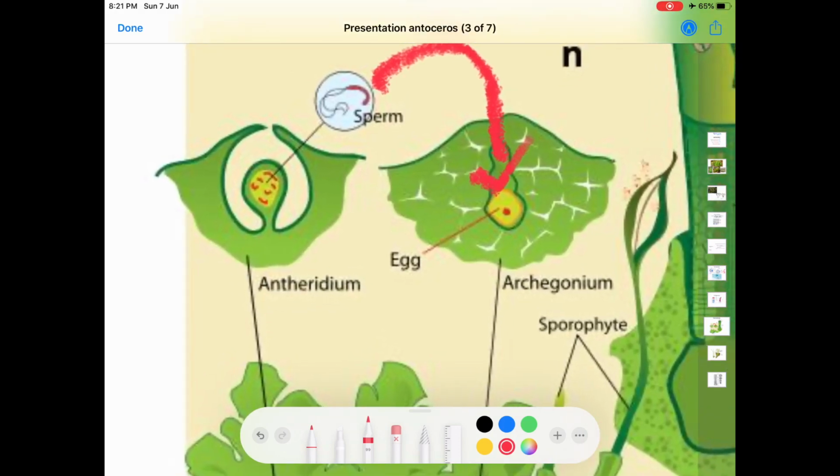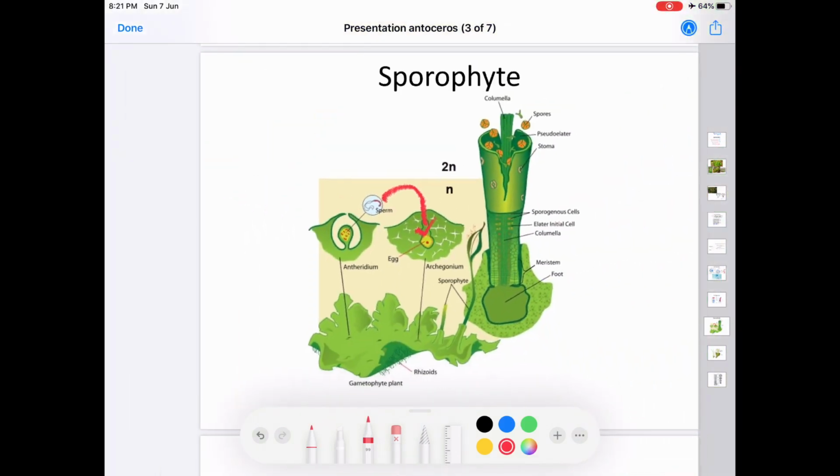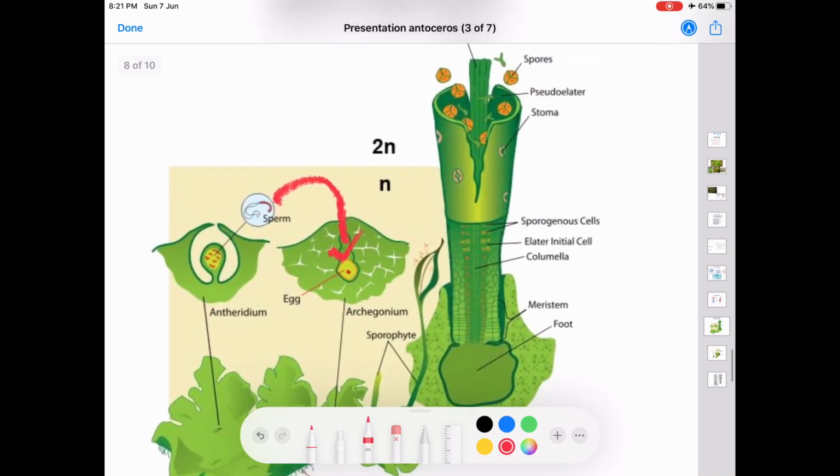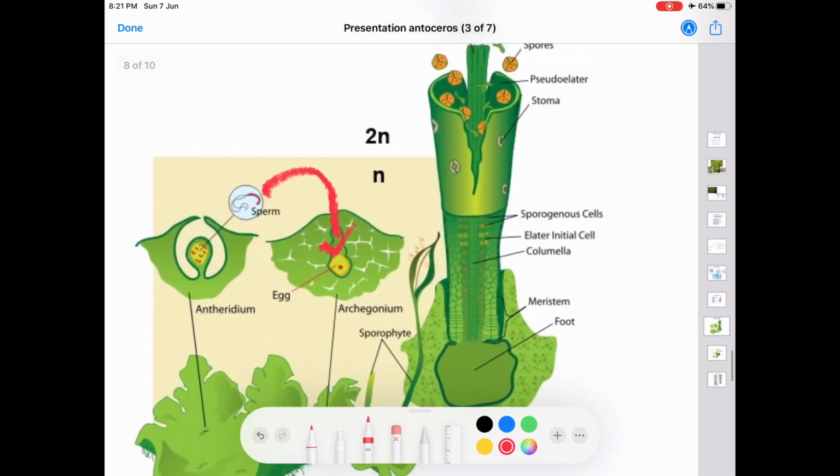By repeated segmentation, it develops into an elongated embryo. Later, by further cell division and cell differentiation, it rapidly grows into an elongated spindle-shaped or column-shaped structure known as the sporogonium or the sporophyte.